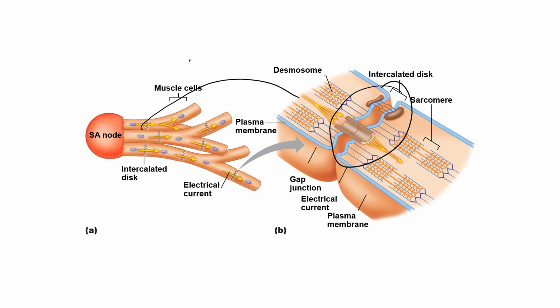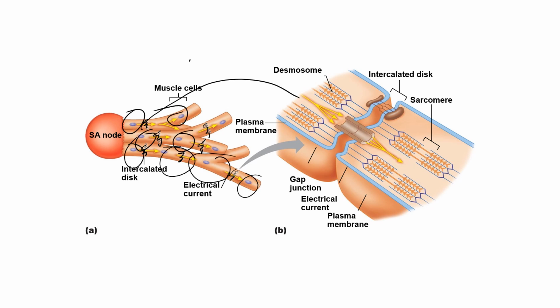That's what attaches cardiac muscle fibers to each other. I said this in the last lecture: cardiac muscle fibers are not mutually exclusive. They're actually all physically attached to each other through these intercalated discs. You see all these little squiggly lines? Those are all intercalated discs, and what they're doing is attaching the different cardiac muscle fibers to each other. That doesn't happen in skeletal muscle.